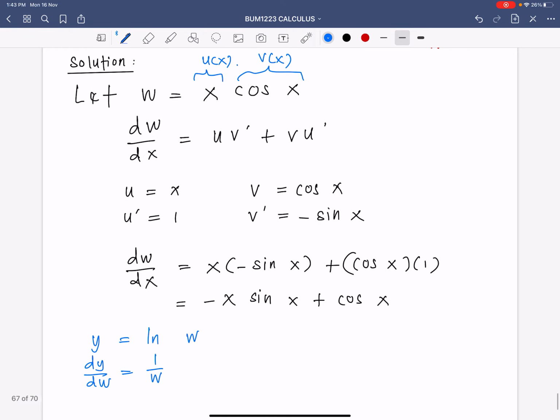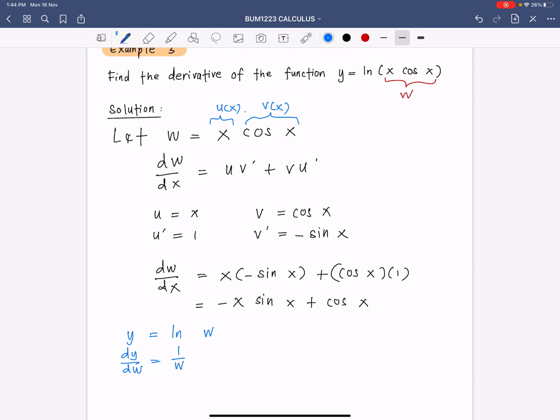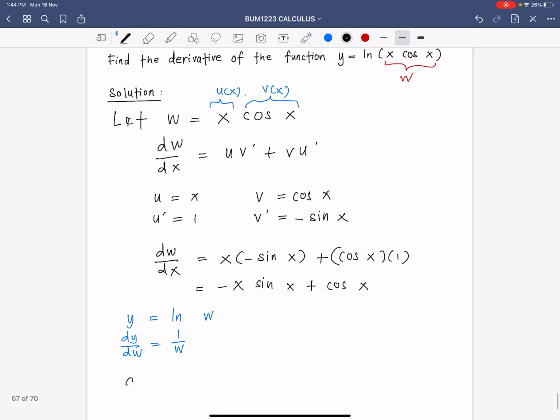And remember, our main objective for this question is to find dy dx. Thus, we will use the chain rule in order to find dy dx, where dy dx is dy dw multiplied by dw dx. And if you see here, if we cancel out the term dw, then we get dy dx, which is equal to the left hand side of the equation.